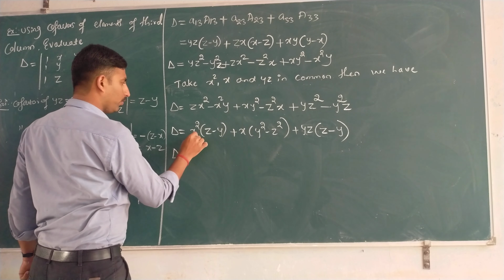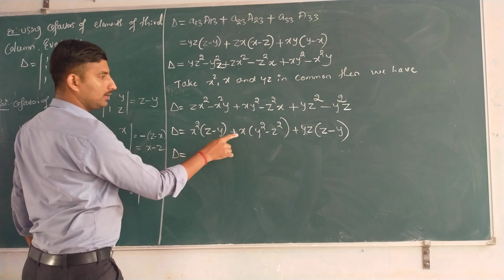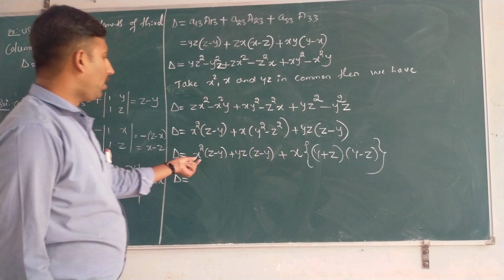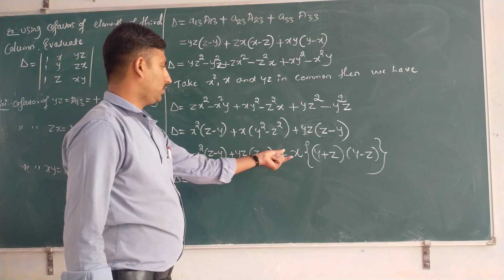Then delta is equal to z minus y common, you write it as x square z minus y plus yz z minus y plus x into, what is this value? You write it as y plus z into y minus z. Then in all the terms, which one is common?